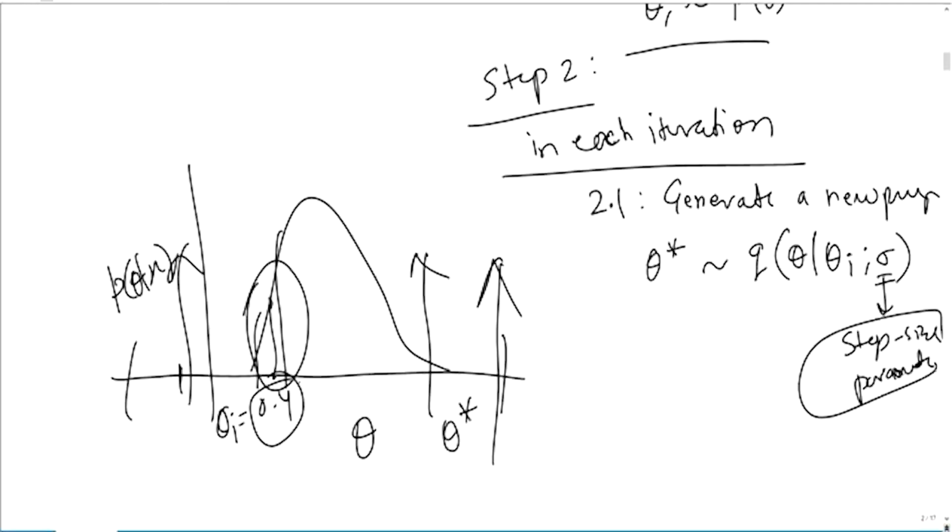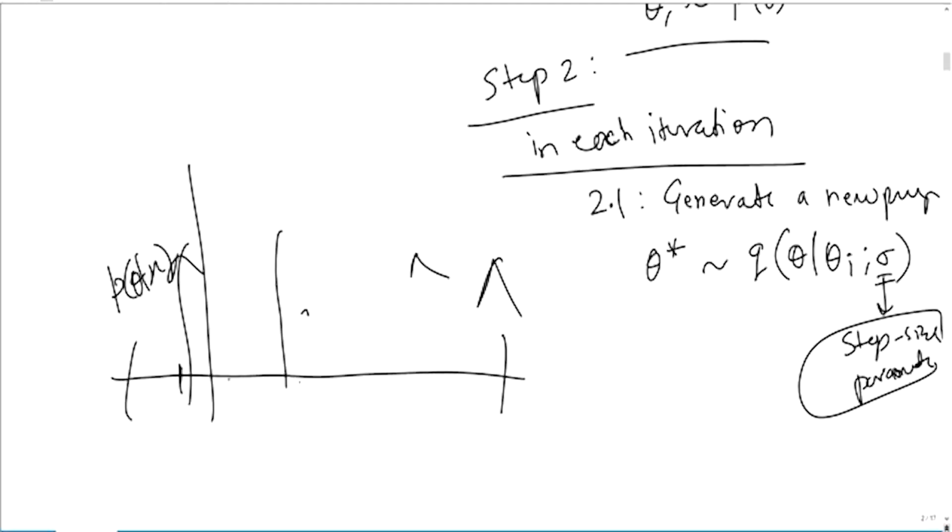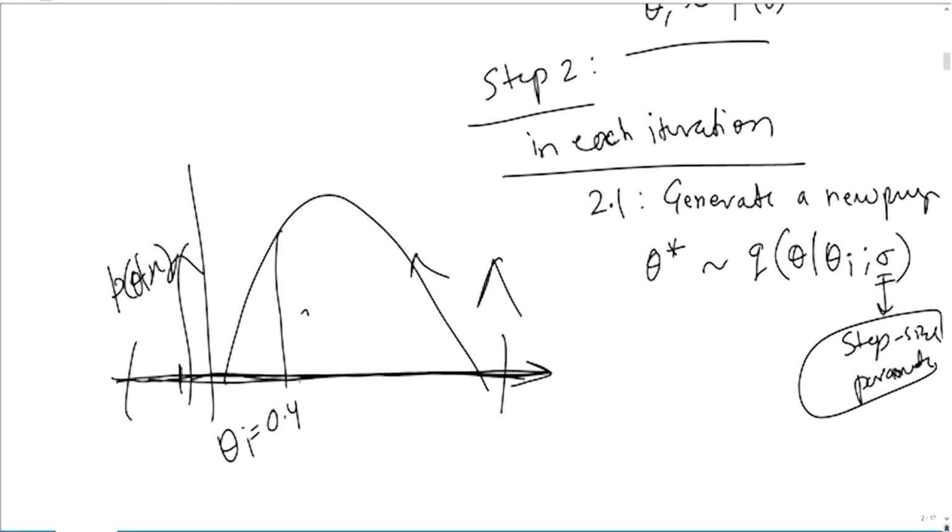This is a version of random walk algorithms. What we say in random walk algorithms is that if you are currently at theta equals 0.4, and you are generating a new proposal, you are basically walking on this flat space. See this x-axis space, you are walking on this flat space, right?